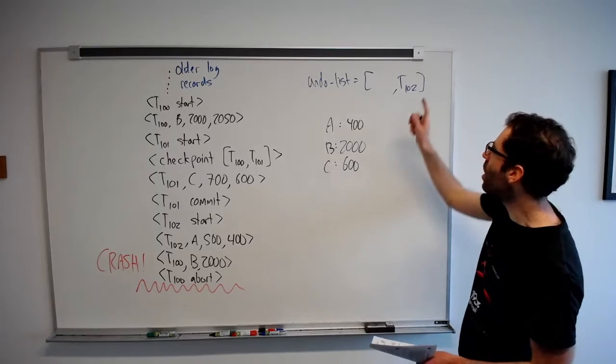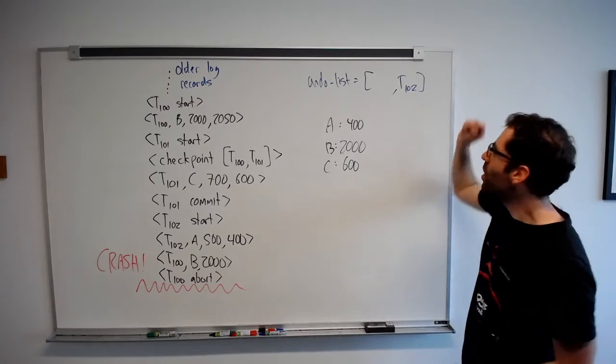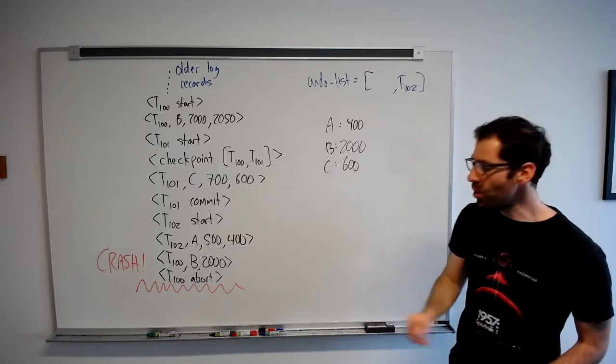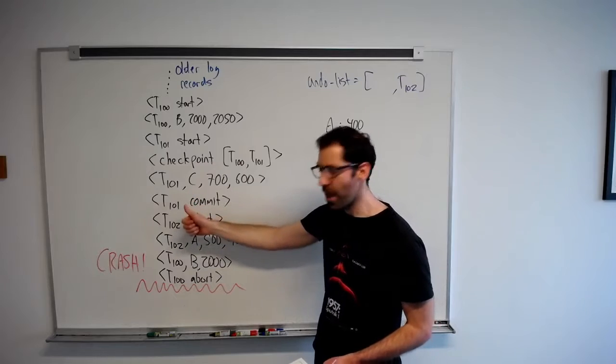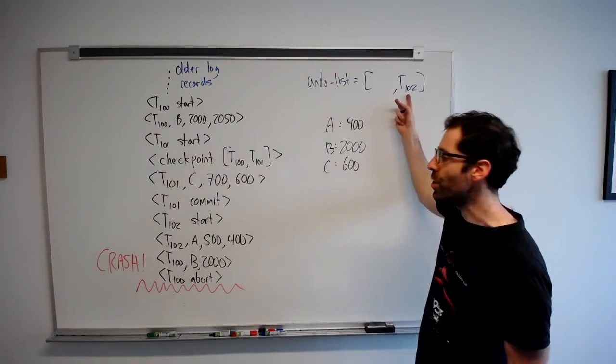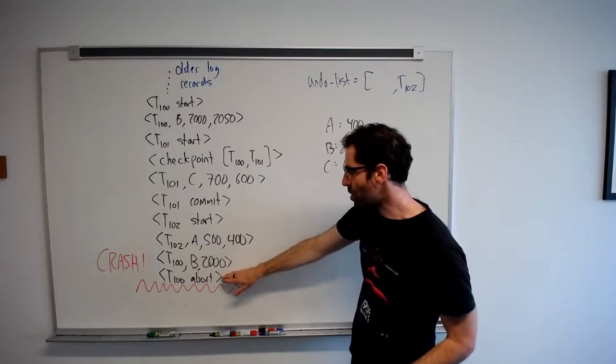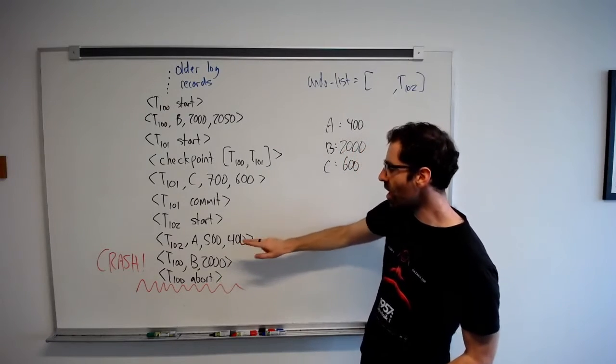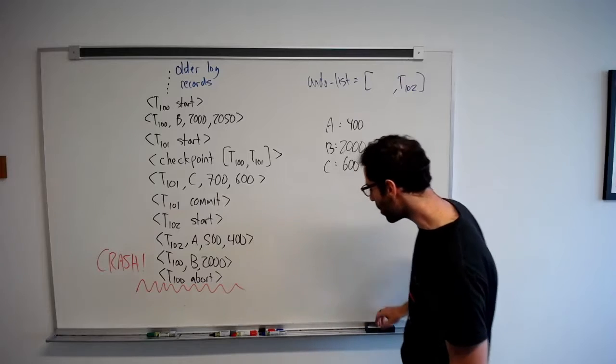And now we look at our undo list and say, okay, we do have something in our undo list, so we're going to scan backwards from the end of our log, undoing things related to transaction 102. So transaction 100, don't care, transaction 100, don't care, transaction 102. Okay, this we want to undo.